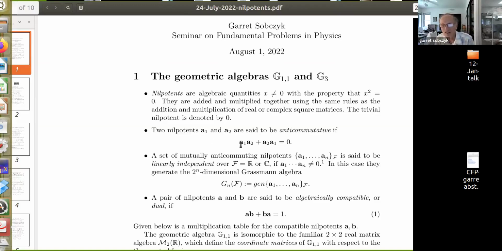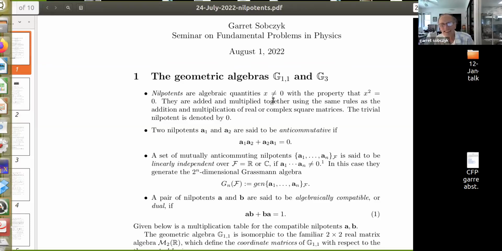So you have two nilpotents. They're said to be anti-commutative: A1 times A2 plus A2 times A1 is equal to 0. Of course, that just says the rule A1 times A2 is equal to minus A2 times A1, the usual definition for the Grassmann product of two elements, which I call nilpotents.